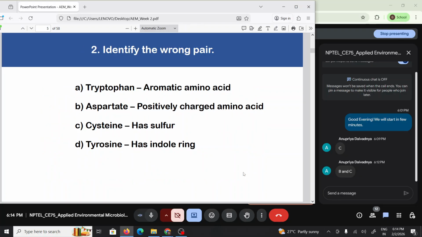Okay, so the next question is based on amino acids, on their classification. Based on the type of amino acid, three pairs are right and one is wrong. You have to identify which pair is wrong.